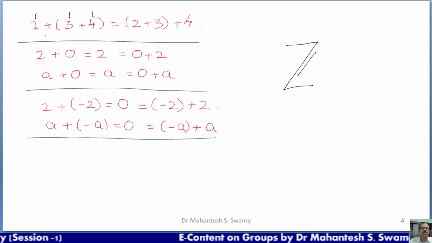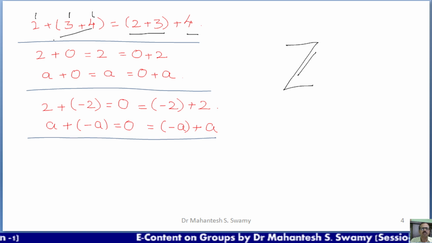You see here 2 plus (3 plus 4) is equal to (2 plus 3) plus 4. So the answer in both the two cases is same. Therefore, here you can interchange the bracket. The bracket which was taken on the last two elements can be interchanged to the first and second element.